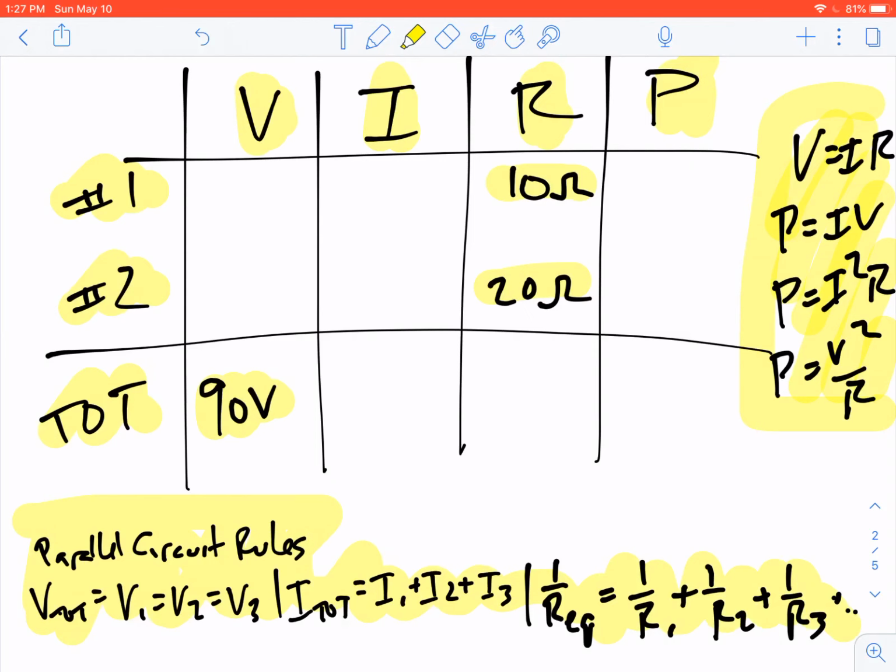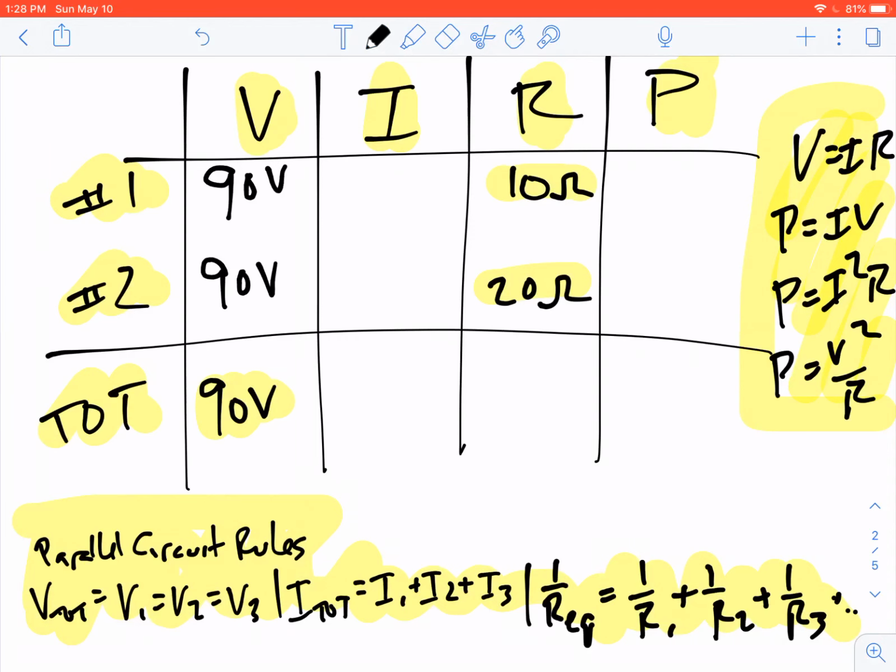Alright, when we try to solve this problem, we say, okay, the place I could start would be with the voltage rule here. We've got that the voltage of the battery is equal to the voltage drop across each individual resistor.